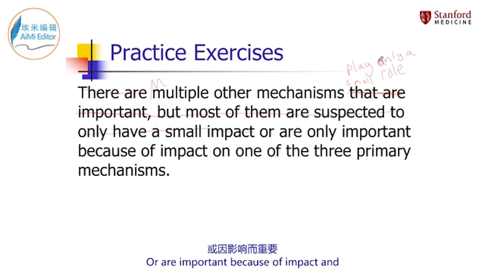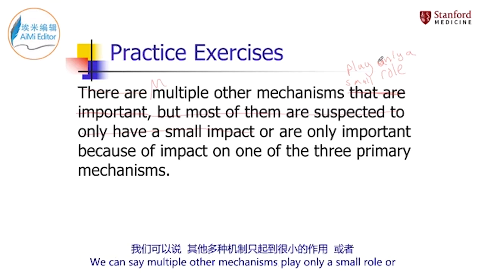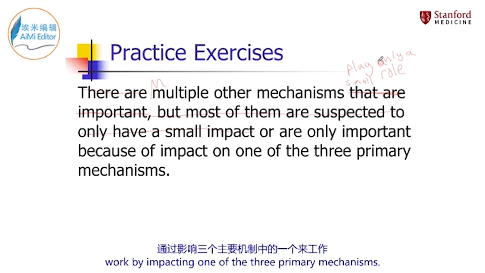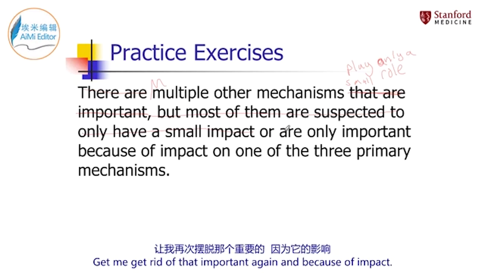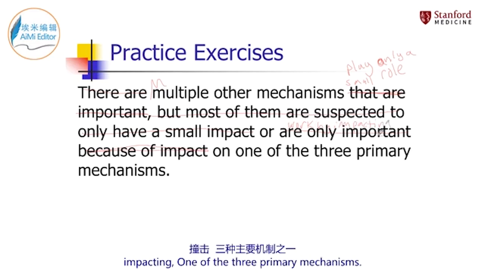"Or are important because of impact on one of the three primary mechanisms." Well, we can condense that a little bit. We can say "multiple other mechanisms play only a small role or work by impacting one of the three primary mechanisms." Again, we can get rid of that important, and instead of saying "because of impact," we can say "work by impacting one of the three primary mechanisms."